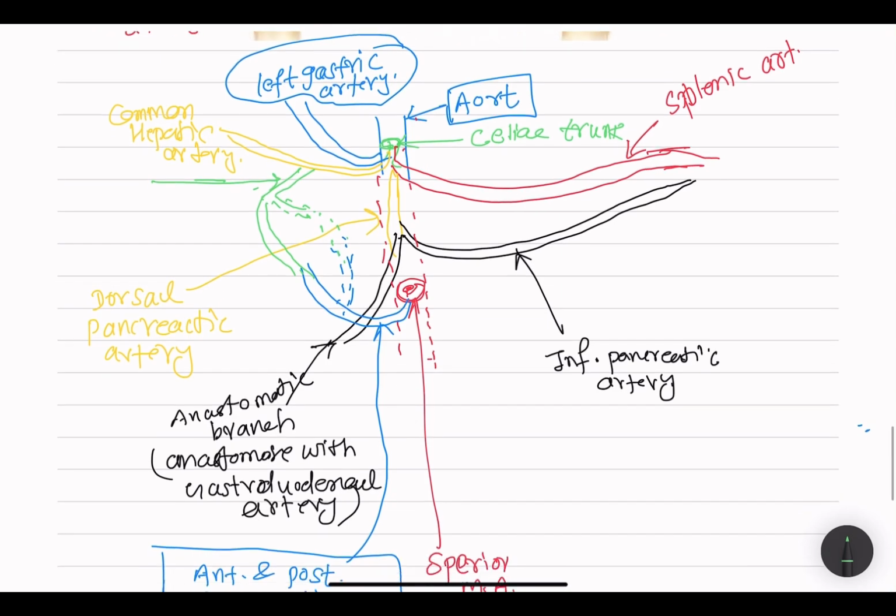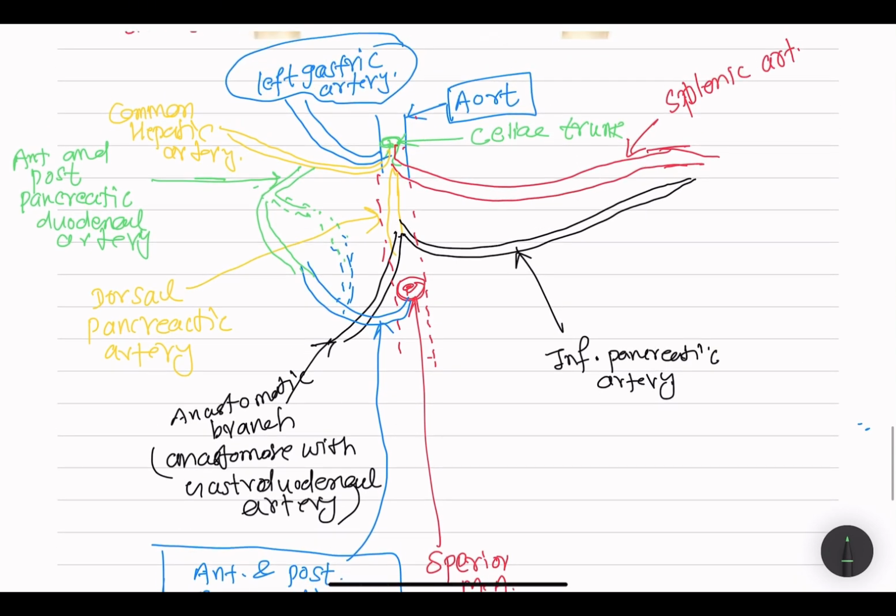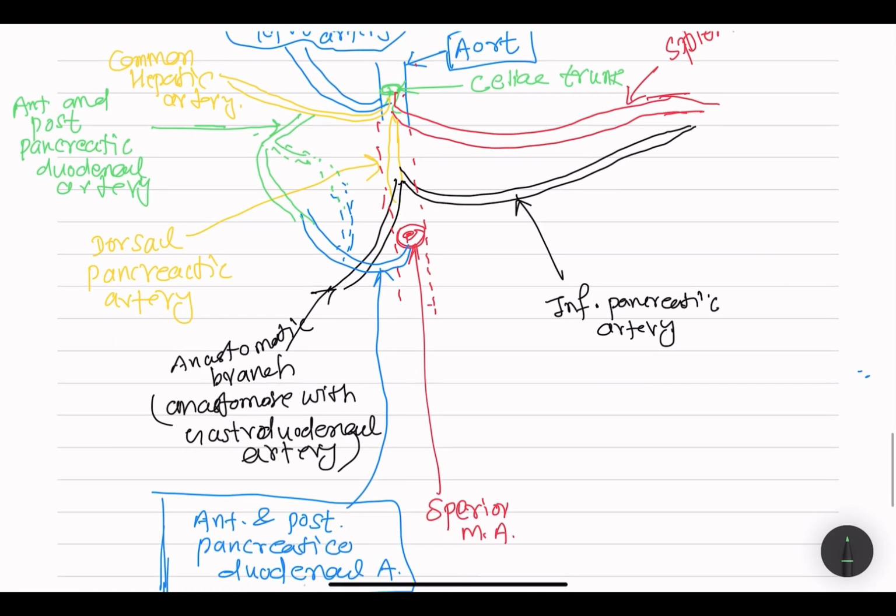So its name is anterior and posterior pancreaticoduodenal artery. I am drawing this artery roughly, so when I show you the picture, it will be easy to compare from where the artery is coming.